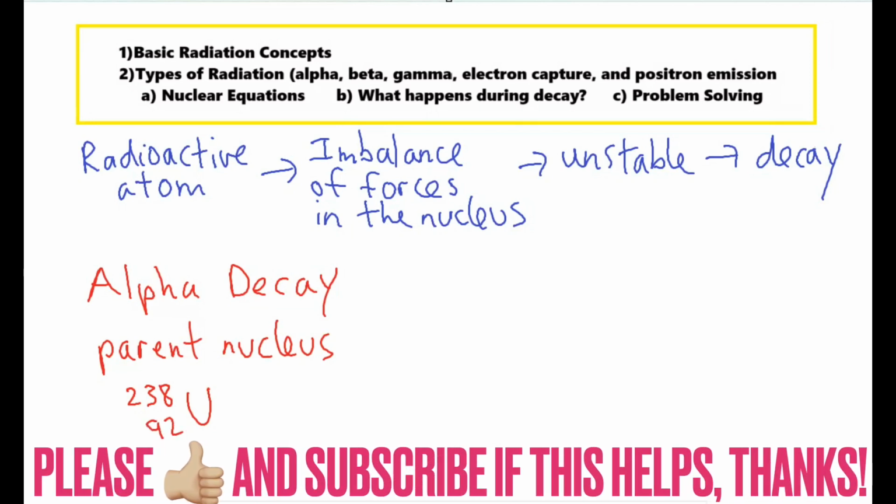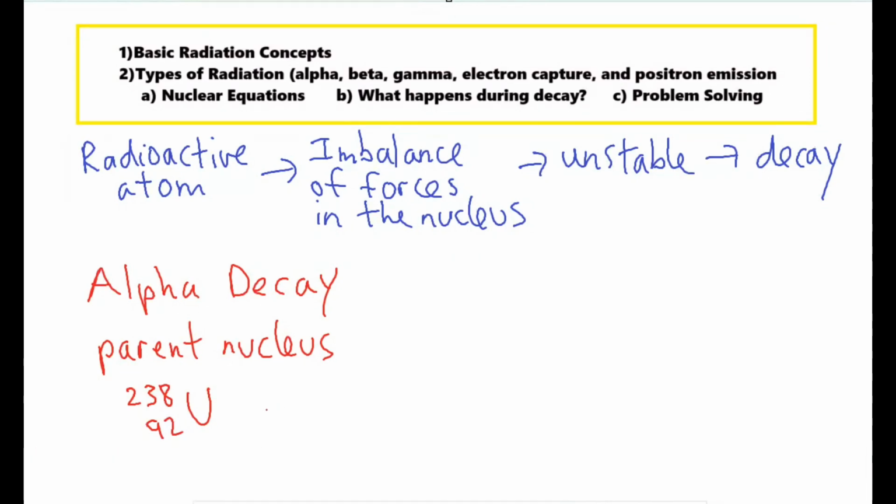Now, our parent nucleus is unstable, and what's going to happen is it's going to eject an alpha particle. And here's the alpha symbol. An alpha particle has a mass of 4, and it has 2 protons. So if it has 2 protons, that would mean that it would have to be a helium atom.